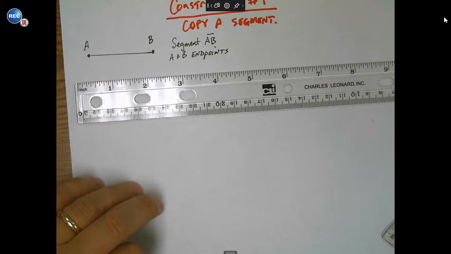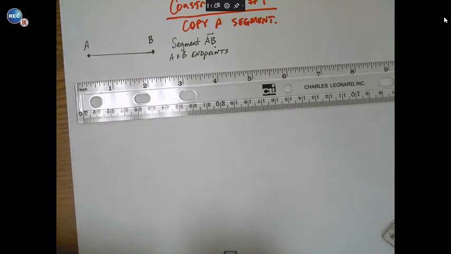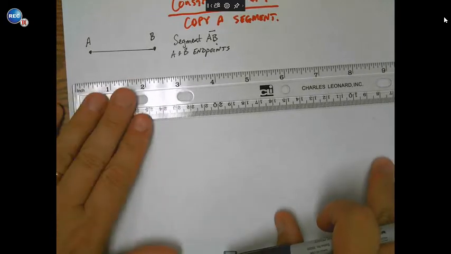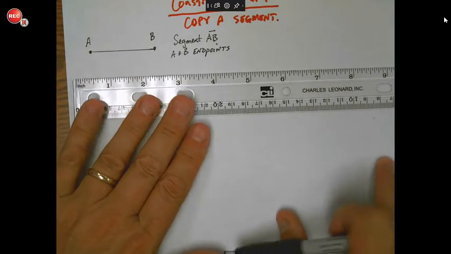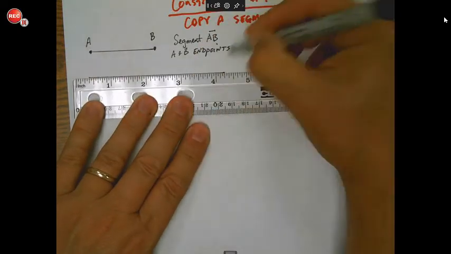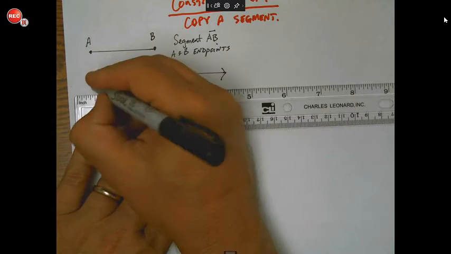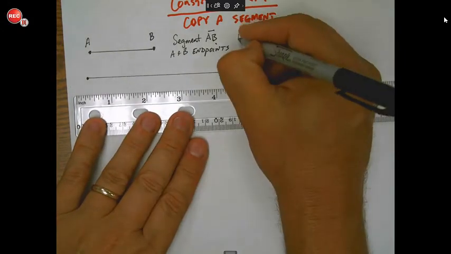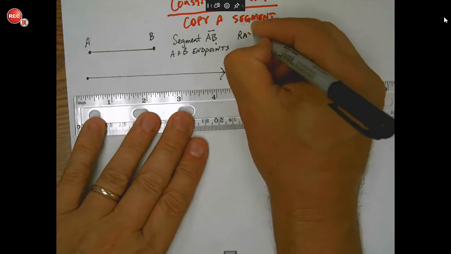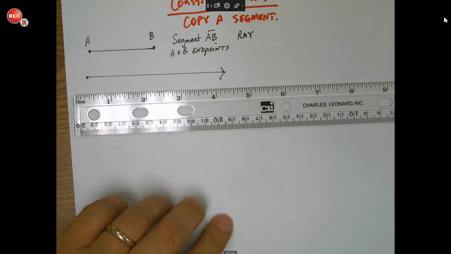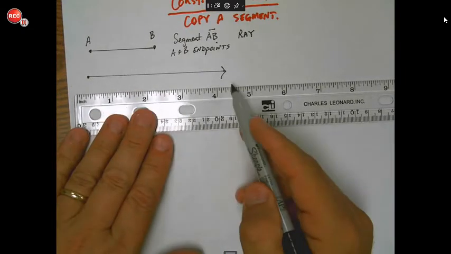All right, so now we're going to copy segment AB onto another space. To do that, I need to draw a ray. So there I have a ray. The difference between a ray and a segment is a ray has an arrow on one end.